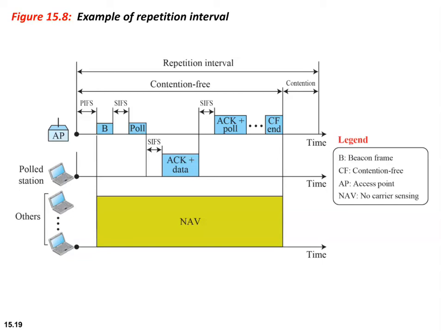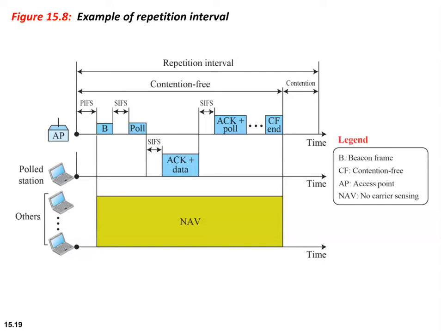In the previous modules, we had seen that there are random access methods and controlled access methods to gain access to the media. Aloha and CSMA are the random access methods, and token passing, select and poll, and reservation are the controlled access methods.